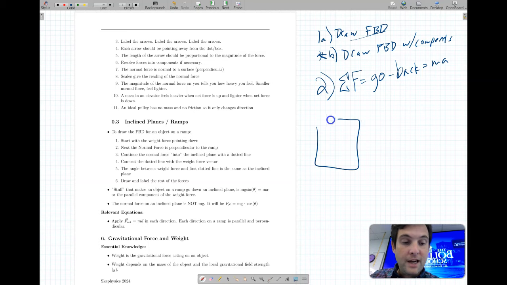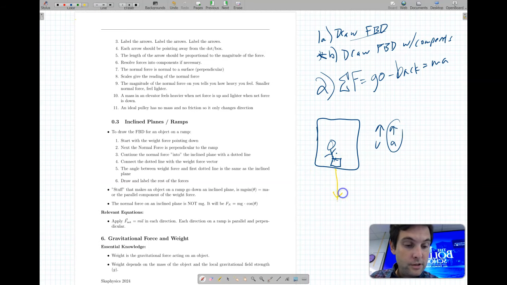A good example of that is in an elevator. If you were standing on a scale and the elevator is moving upwards and our acceleration is upwards, this tells me that my net acceleration is upwards.